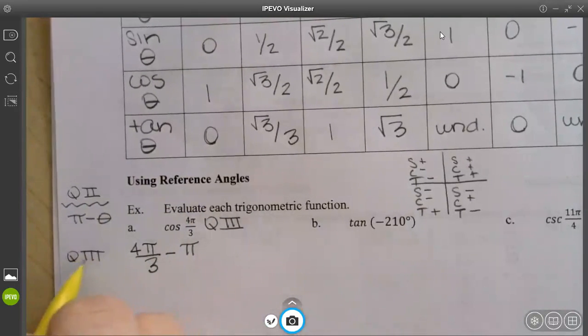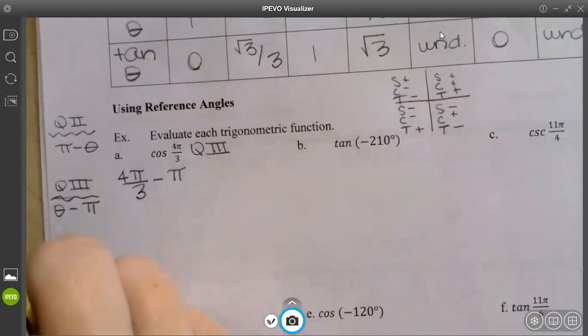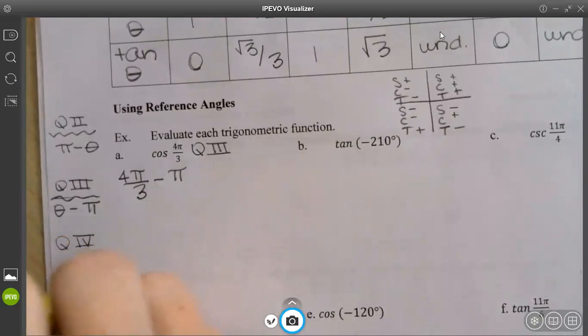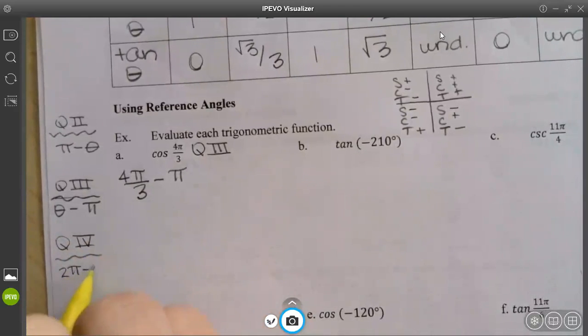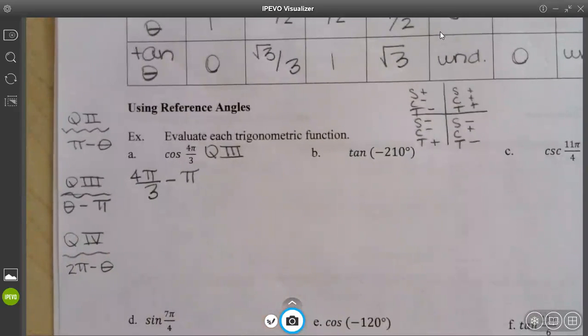If it's in quadrant 3, you do theta minus pi or theta minus 180. And if it's in quadrant 4, you're doing 2 pi minus theta or 360 minus theta. Those are formulas that we learned. If you just came back, they're in your notes.